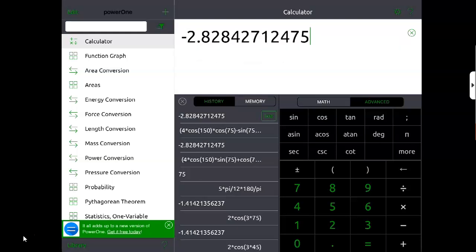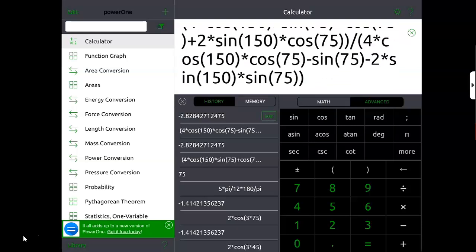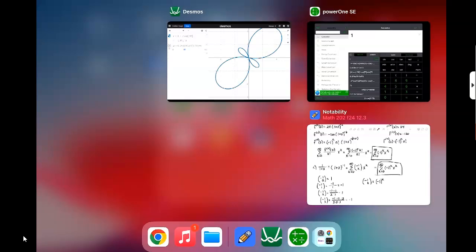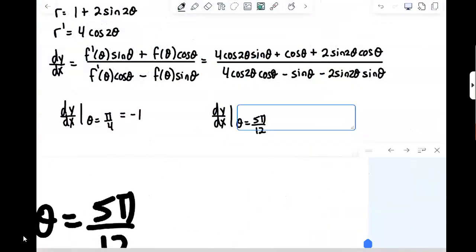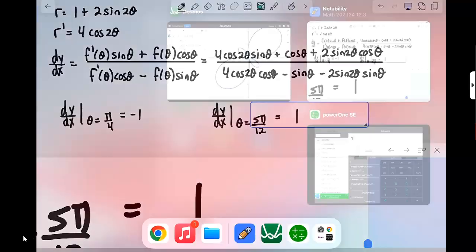And notice you also get another negative 2.8284, and so on. So if you were to actually take the whole thing, that top thing divided by that bottom thing, you should get 1. It's very, very ugly, but they all work out to be the same top and bottom. So the slope of that tangent line is 1.